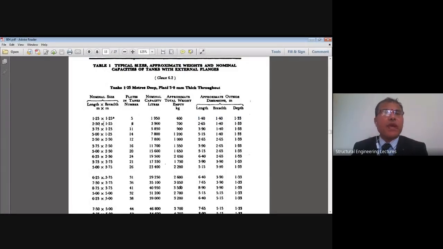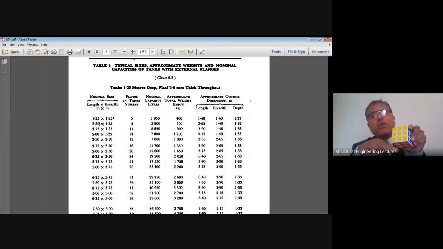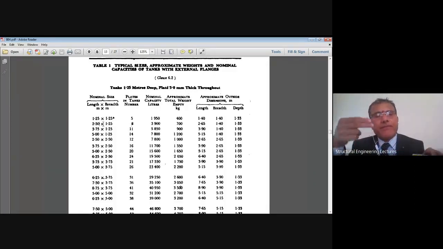Even if I add one more plate at the bottom, then it will become two plates in length, but in the height only 1.25.